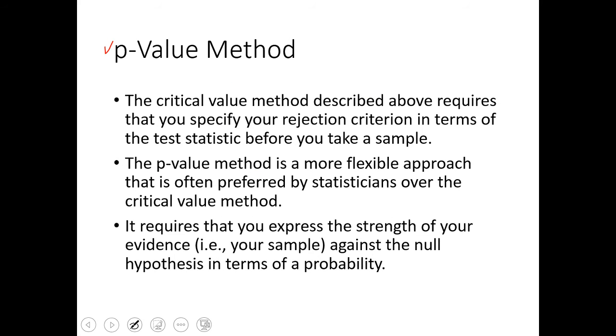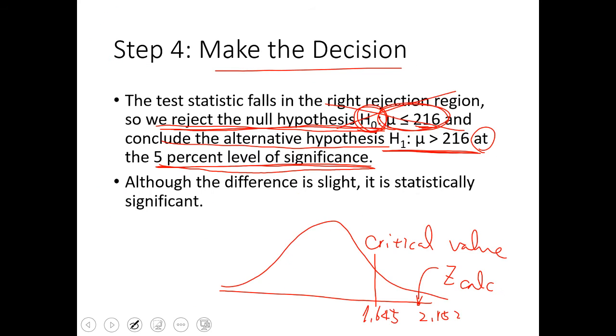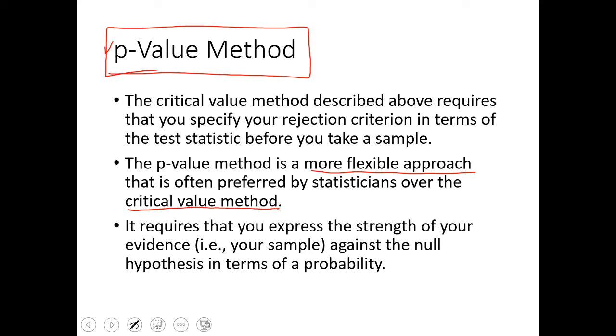So we used the critical value 1.645 to make a decision. But there is another way to make a decision, the p-value method. The p-value method is a more flexible and more convenient approach than the critical value method.